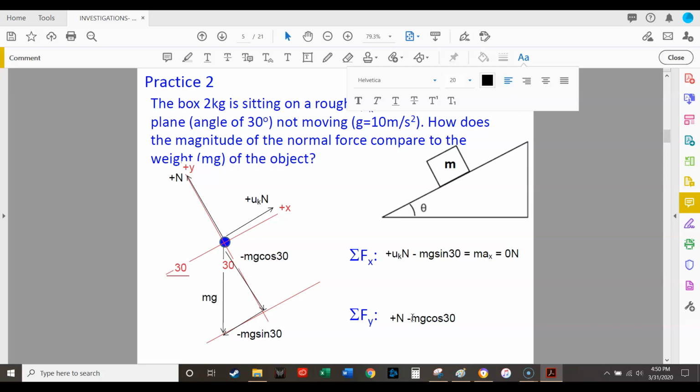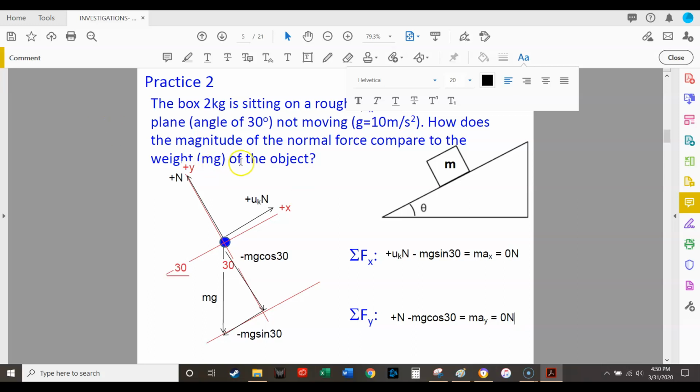And that's the only 2 vertical forces. Normal force up, negative mg cosine of 30 degrees pointed down. That's equal to mass times acceleration in the y direction, which is also equal to 0 newtons. It is not accelerating, it is not speeding up or slowing down on or off the ramp. It's not moving. Okay.